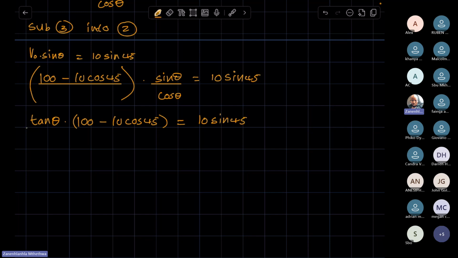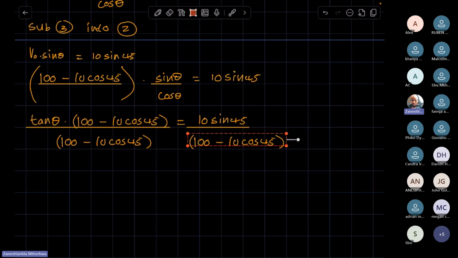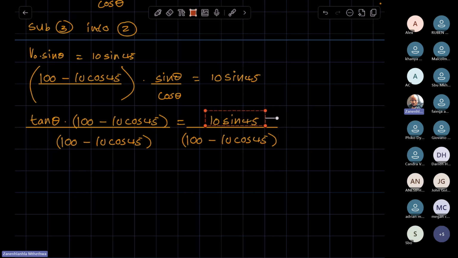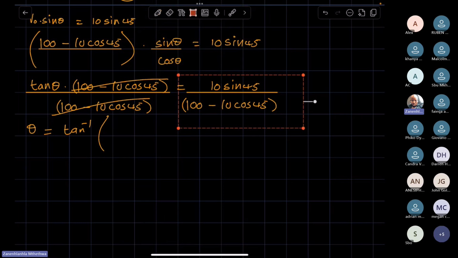We are looking for theta, therefore you divide both sides by this term. Obviously this and that cancel. And then in calculating theta, theta is equal to arctan of this term.